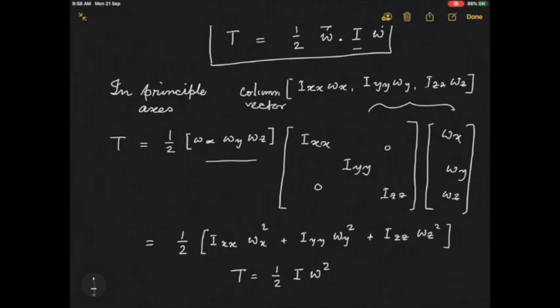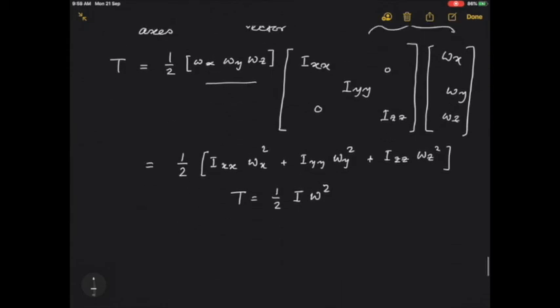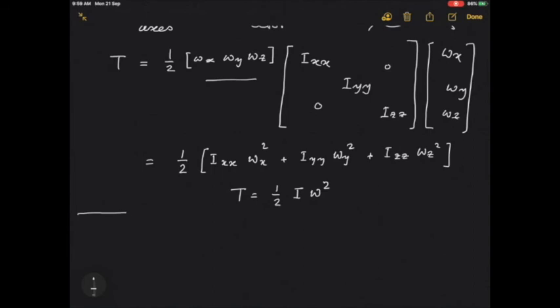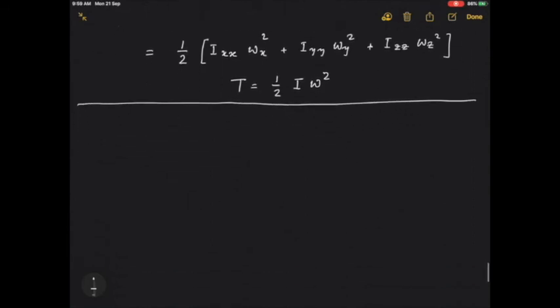So now you see that it has almost the form of half mass times velocity squared, or the mass replaced by the moment of inertia and the velocity replaced by the angular velocity. Very nice. So we know how to write down the kinetic energy, which we'll use the next time.